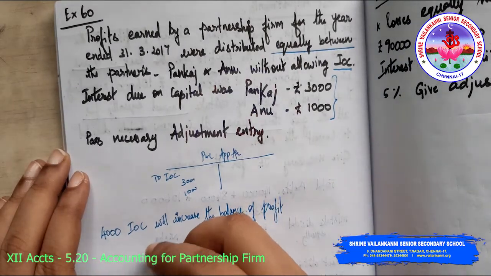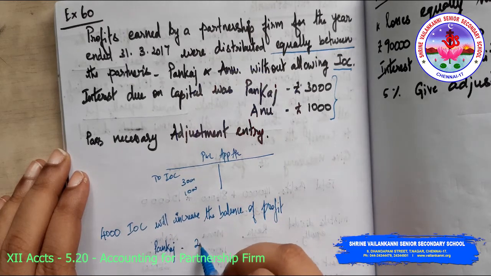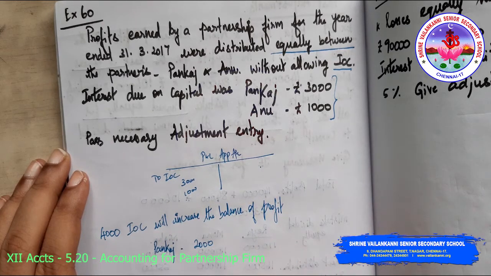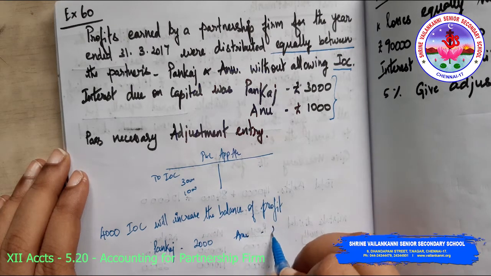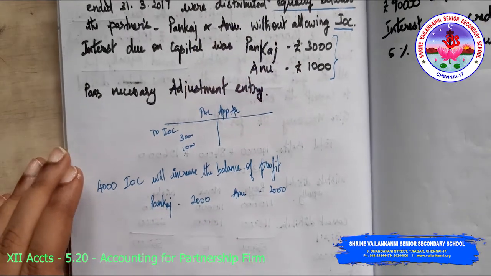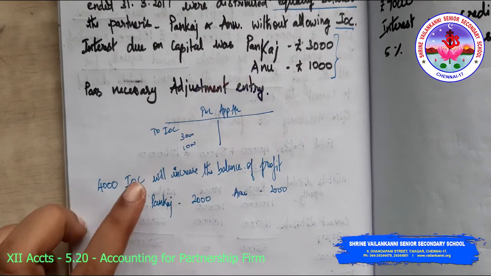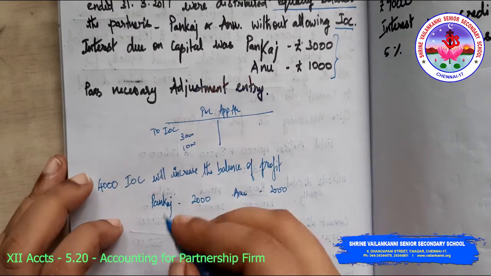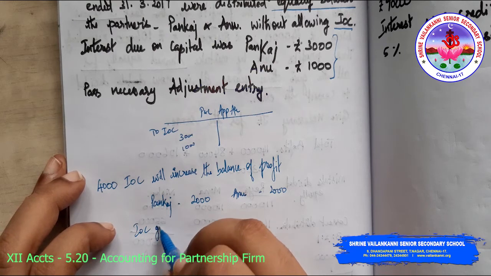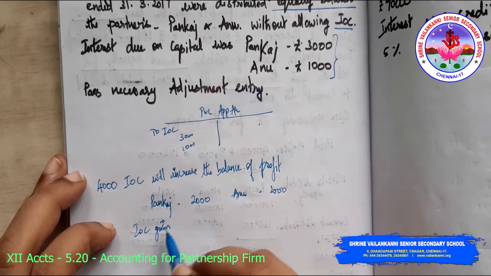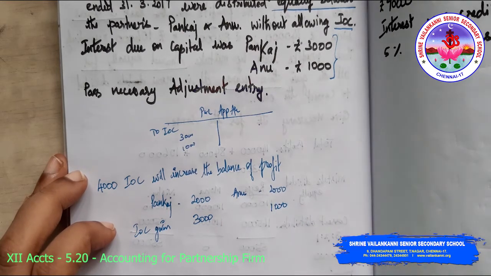So Pankaj would have got 2000 and Anu would have got 2000. Am I right? So Pankaj should have got 2000 extra and Anu 2000 extra, but actually what? It is actually interest on capital. How much interest on capital should be given to Pankaj? It is 3000. To Anu it is 1000.